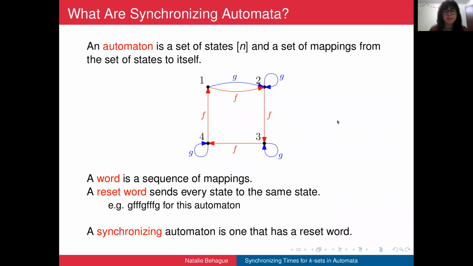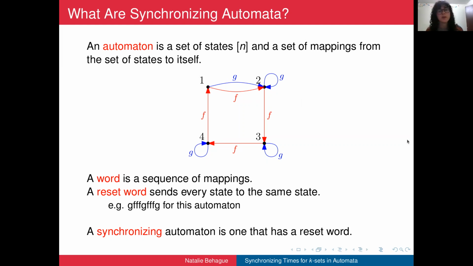And a synchronizing automaton, which, well, synchronizing automaton wasn't one of the words in the title, but synchronizing was, is just an automaton that has one of these reset words. So this particular example is a synchronizing automaton because the word GFFFGFFFG was a reset word.